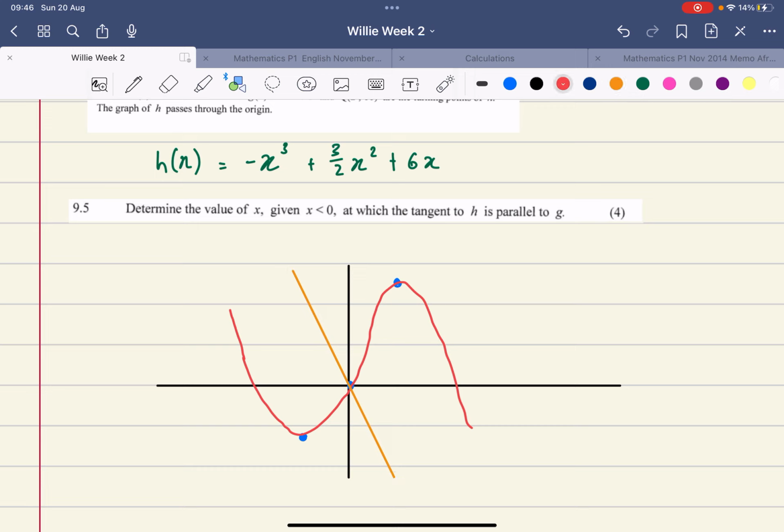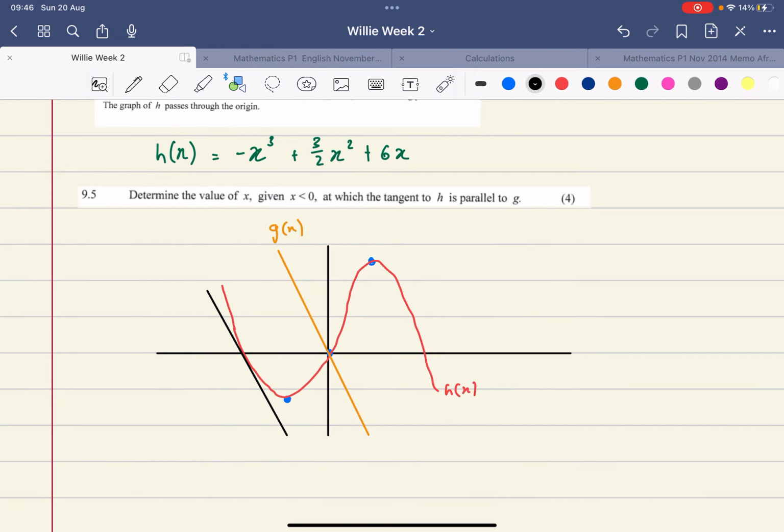So this is h of x, and this is g of x. We need to find a tangent line on h of x such that it runs parallel to g of x. Okay. So how do we do that?